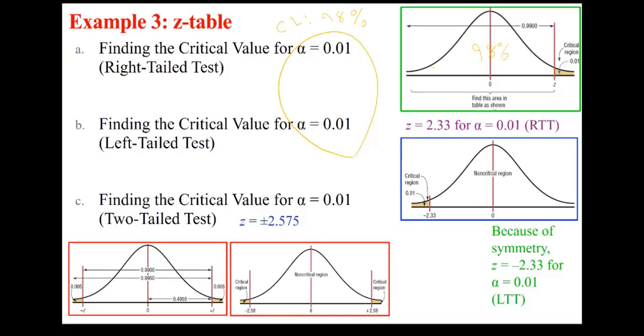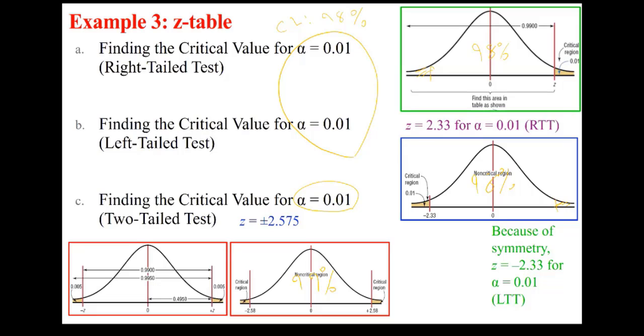And so you have another 1% on this left and another 1% on this right. So A and B, alpha equals 0.01, they are one-tailed tests. So 0.01 alpha corresponds to 98%, not 1 minus 0.01. However, if you look at this one, now this is corresponding to 1 minus 0.01 or 99% confidence level. So that's important to realize.